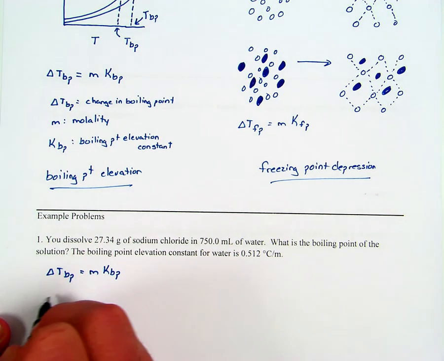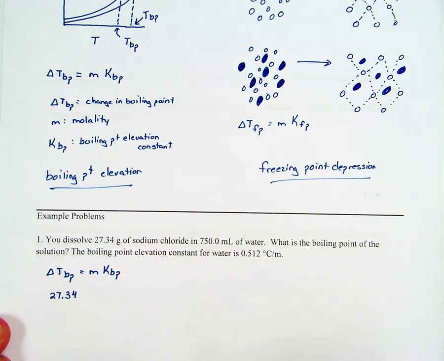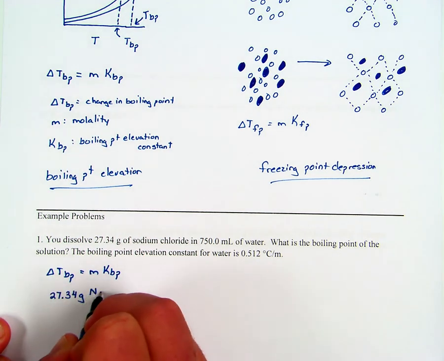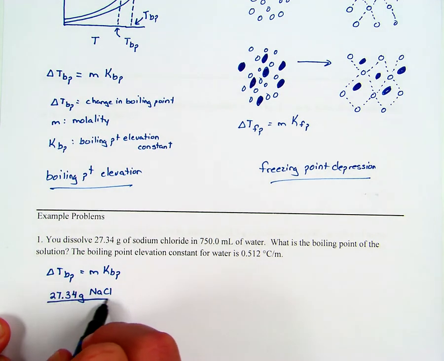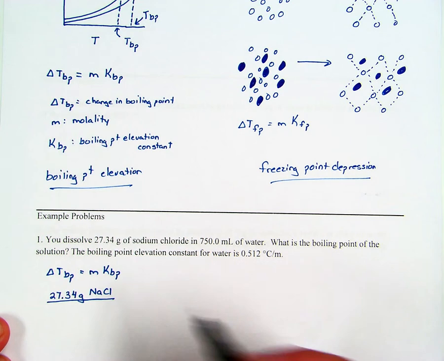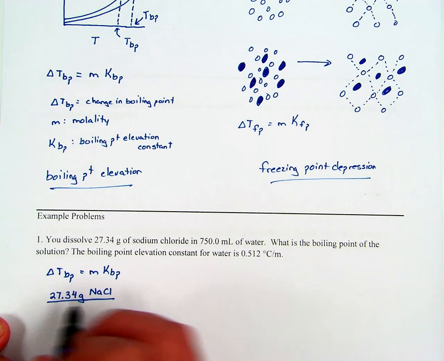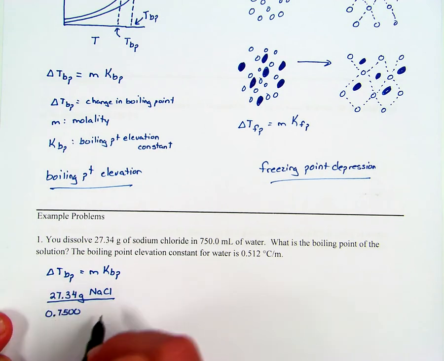Molality is moles of solute per kilogram of solvent. So just starting with our 27.34 grams of sodium chloride, 750 milliliters of water. You might be thinking, well, geez, that's not a mass. I need to know what the mass is. Well, recall that the density of water is 1 gram per milliliter. So that would be 750 grams, or 0.750 kilograms.